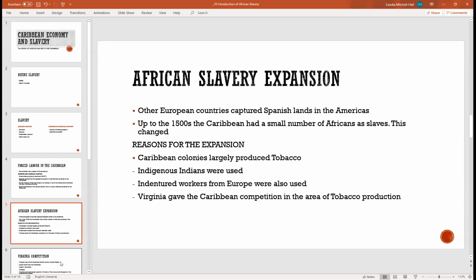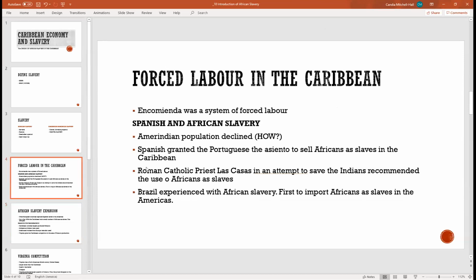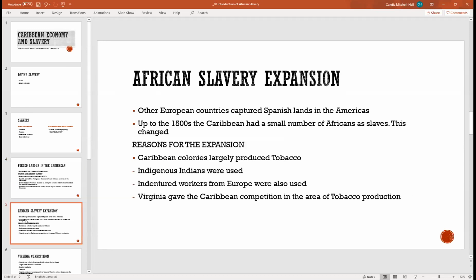And so up to the 1500s in the Caribbean, although the Spanish would have granted the Asiento to sell Africans in the Caribbean, and also the priests would have recommended the use of Africans, or they had the experience of Brazil, who was the first to import Africans, up to the 1500s, the number of Africans in the Caribbean was very small.